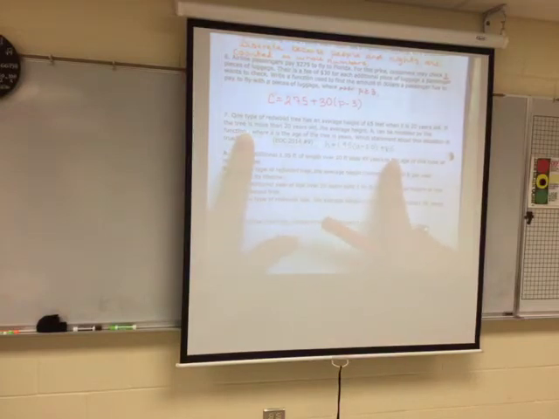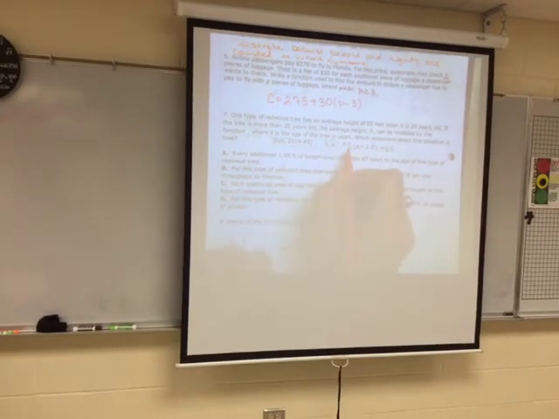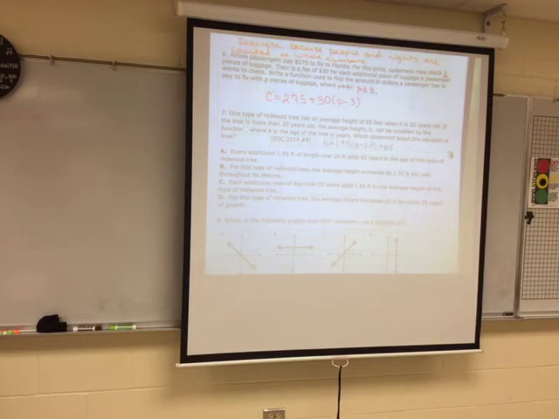So the function is h equals 1.95 times a minus 20 plus 65, where a is the age of the tree in years. So which statement about this situation is true? I'm going to pause for a moment because I see lots of people writing.